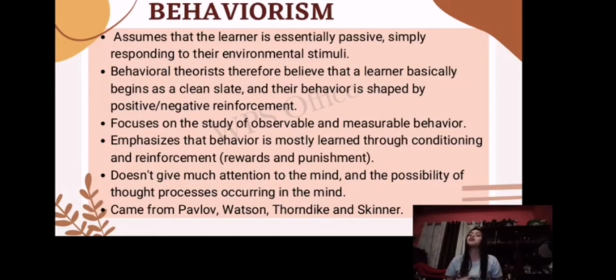So again, this is under behaviorism. Next, it focuses on the study of observable and measurable behavior. When we speak of observable, those are things that can be perceived by the senses, since we use our senses in observing things, and measurable means that there is a gauge wherein the behavior can be measured.